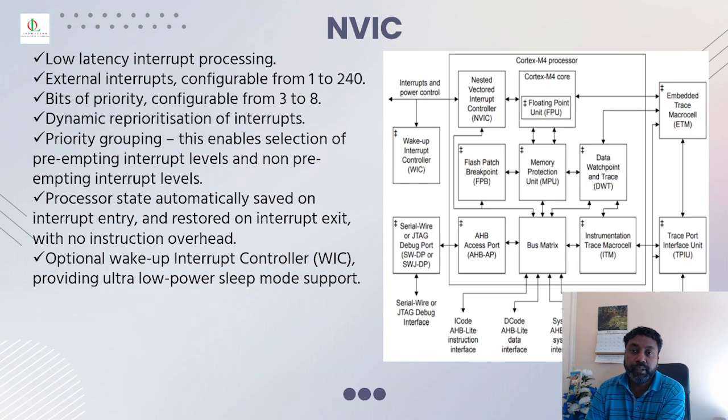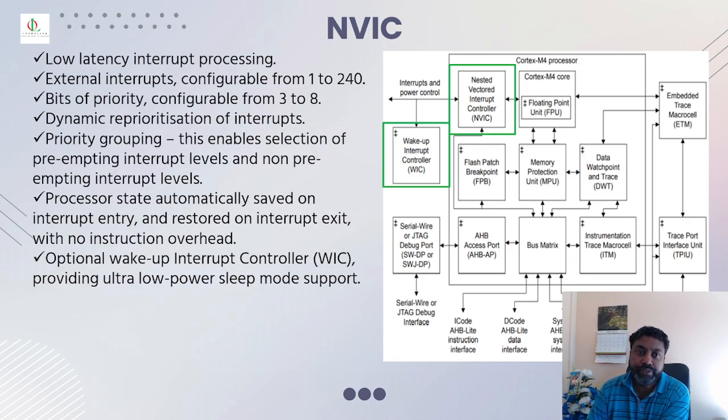The next one is we're going to talk about the nested vector interrupt controller and the wake-up interrupt controller. Both have low latency interrupt processing. It has external interrupts, and it can handle up to 240 priority interrupts. Again, you will learn more about priority as we go deeper into how it is all configurable and customized. The bits of priority are configurable from 3 to 8.